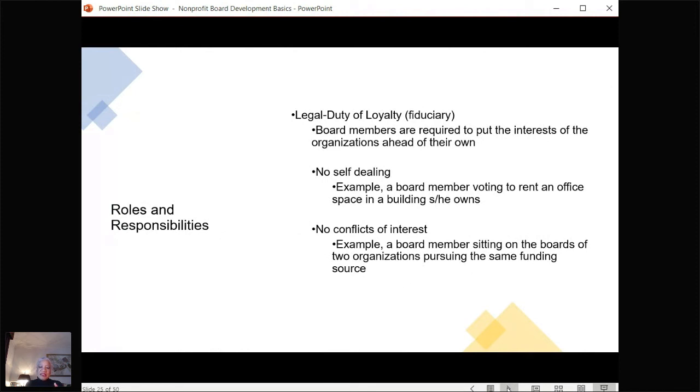There can't be any self-dealing. And usually when we talk about self-dealing, that's for foundations where people on the board of foundations get grants from the foundation. But you have similar issues, right, when you have organizations that don't necessarily give out grants, but they're giving out contracts, they're giving out jobs and all that other stuff.